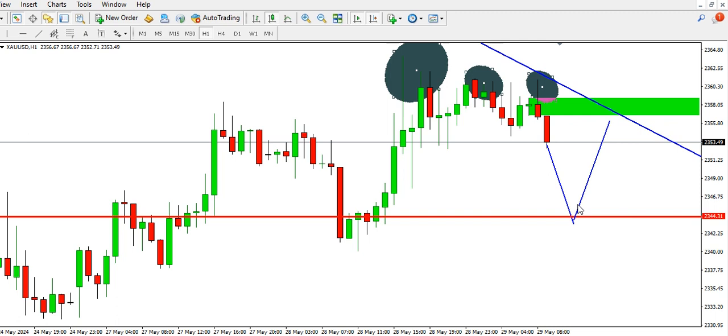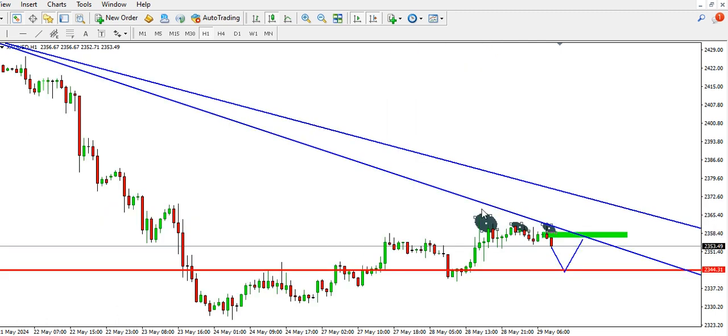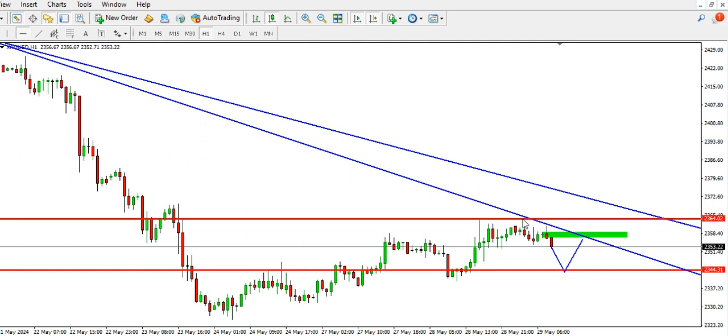A break above and the break of the structure around here, you might see price going up. There is a structural level at 2364. You break above that level, you might see price going further up.